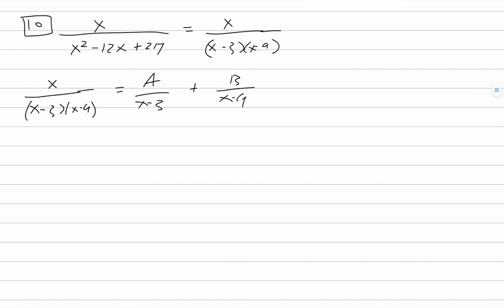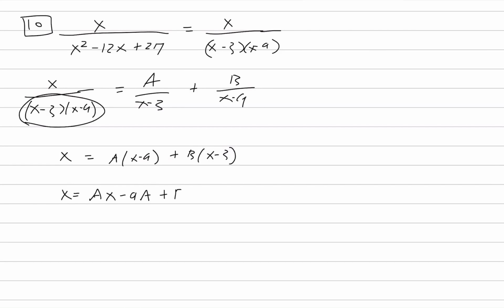So multiply the common denominator on both sides. Then we get x equals a times x minus 9 plus b times x minus 3. Then we get x equals ax minus 9a plus bx minus 3b.